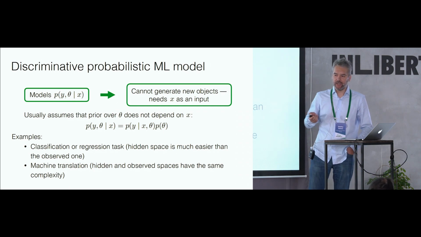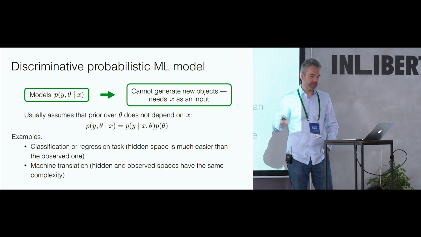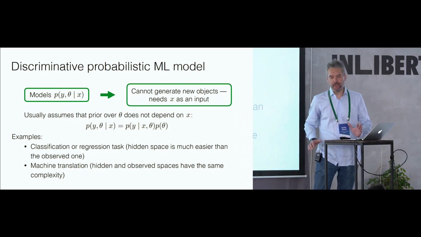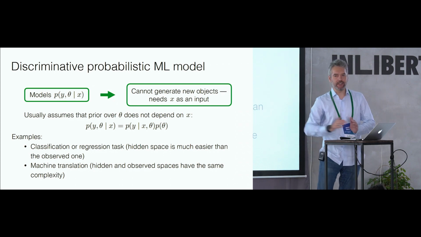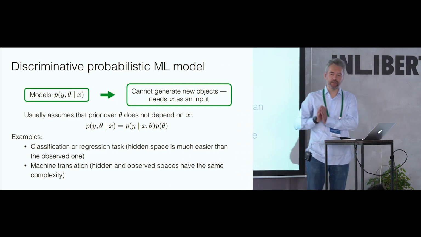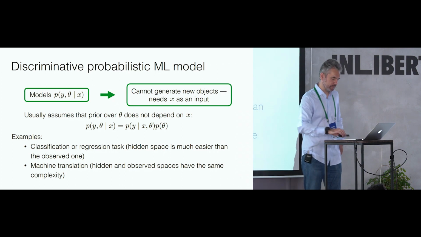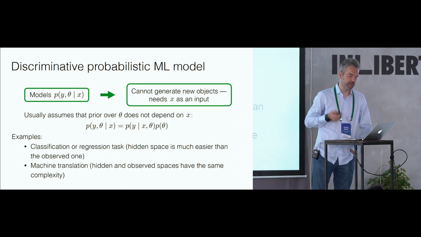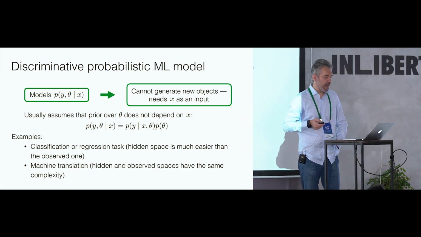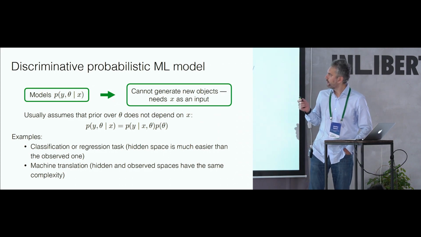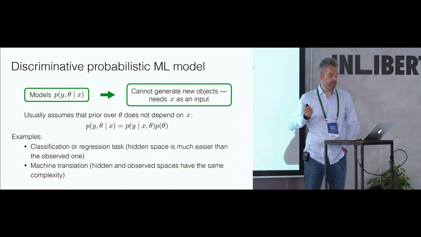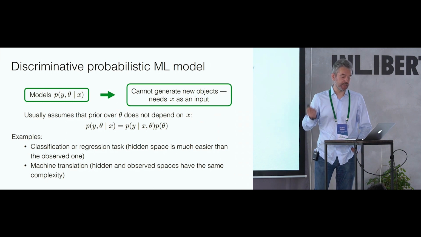For example, such a problem is machine translation, when as an x we have a text in the source language, and as a y we have text in the target language. So the translation.